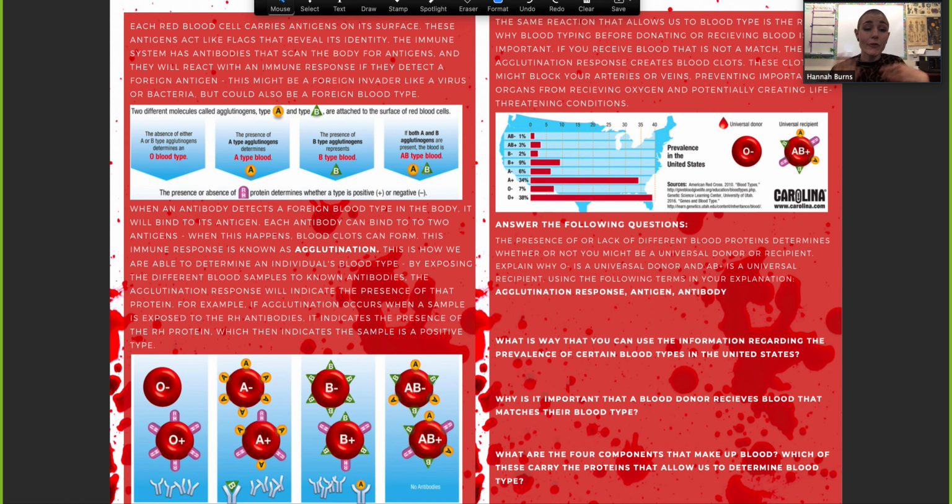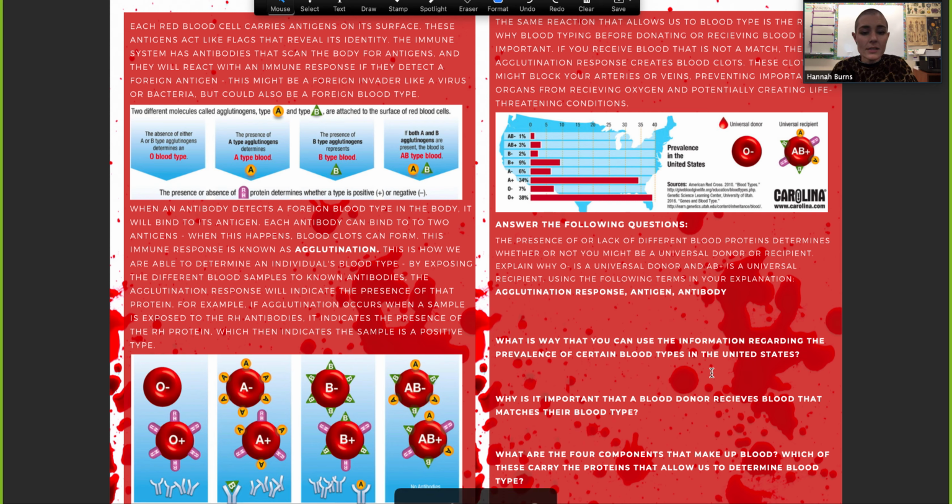It won't seem foreign because it matches what I already have. So if you were to give me A positive as a donation and I'm AB positive, well, I already have A antigens in my system and I already have positive antigens in my system, so I wouldn't react. I wouldn't see it as being foreign.